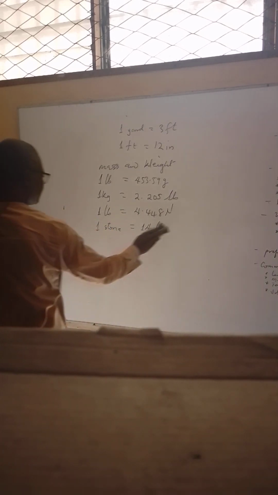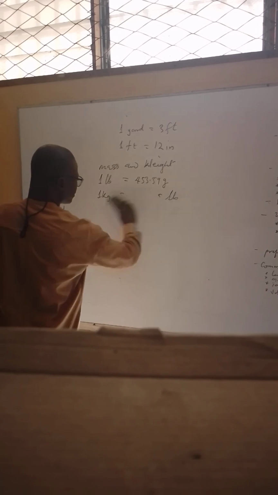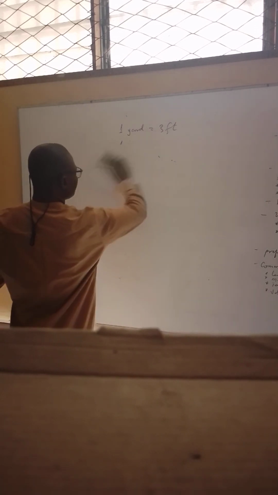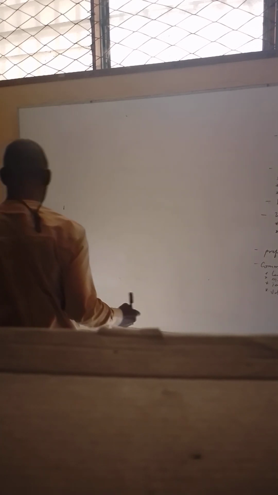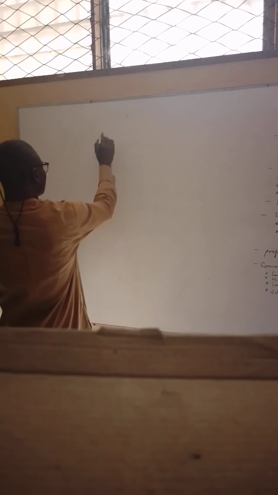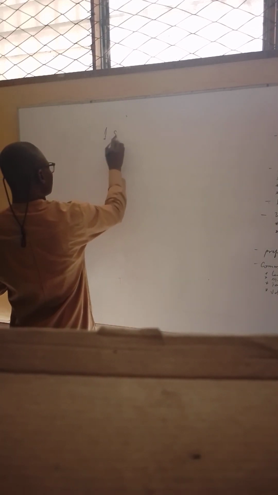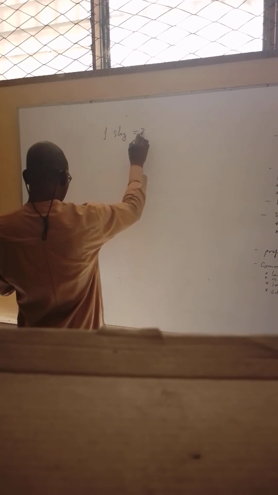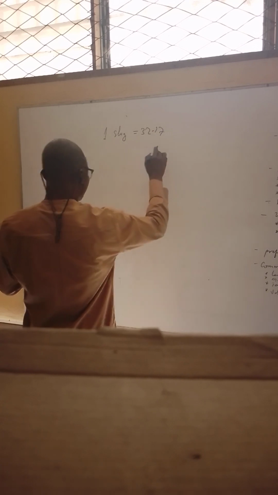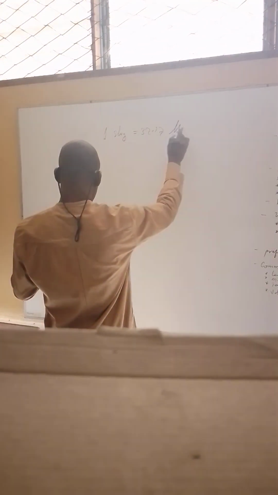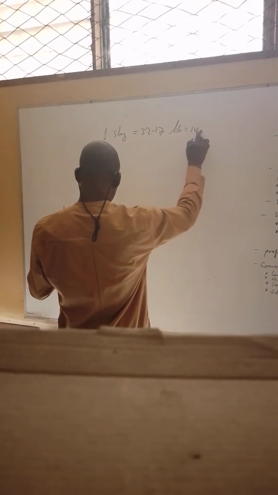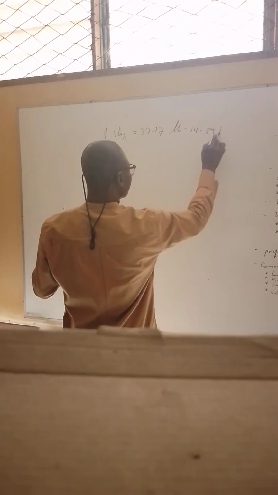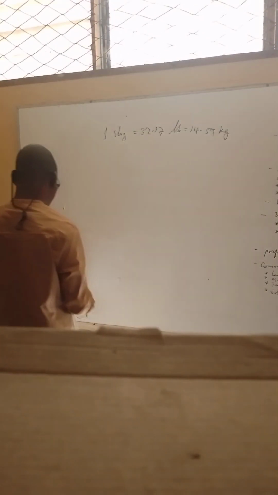Further example, 1 stone is 14 pounds. One slug is equal to 32.17 pounds, which is equal to 14.59 kilograms.